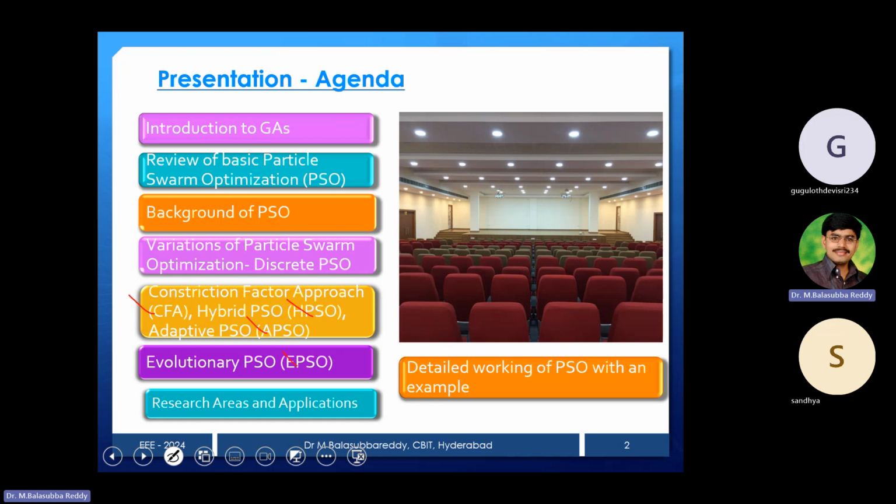Whatever sphere function we solved, we're going to solve the sphere function using PSO, and here with the constriction factor approach PSO, that is CPSO, and then HPSO, APSO, EPSO. What modifications are required, we can do in this mechanism.